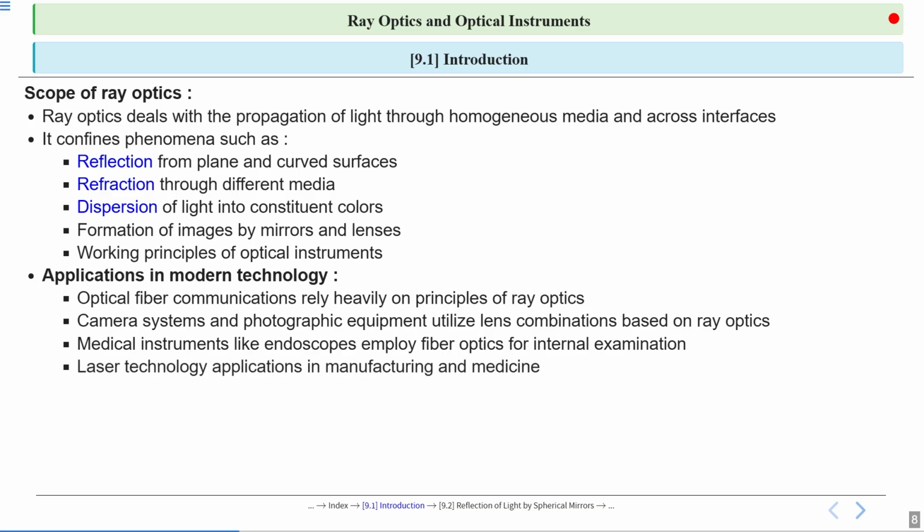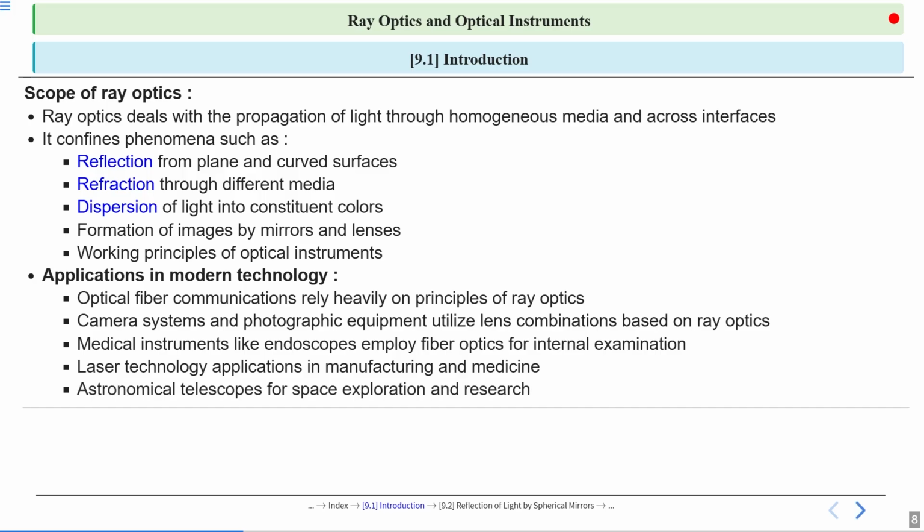Laser technology has applications in manufacturing and medicine. Astronomical telescopes are used for space exploration and research. Also, microscopes are used for research. In biology, microscopes are used to see different types of microorganisms, different types of cells in our body.